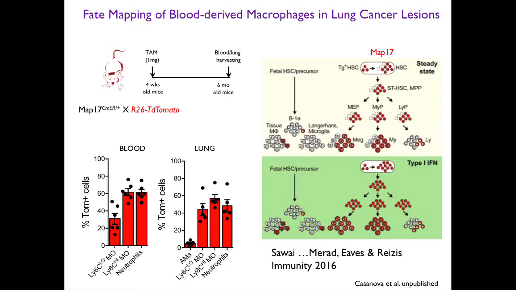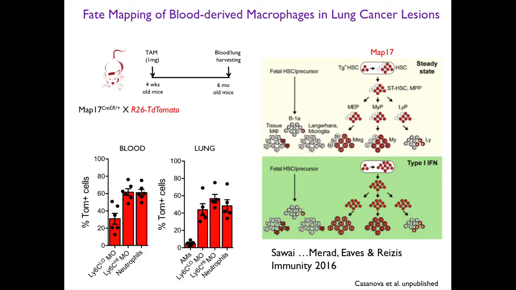He developed this MAP17 CreER crossed with Rosa26 tdTomato, and he was able to fate map both the hematopoietic stem cell and its progeny. Upon tamoxifen injection, he showed that HSCs were highly labeled in these mice, and he was also able to label circulating lymphocytes, circulating granulocytes, and megakaryocytes.